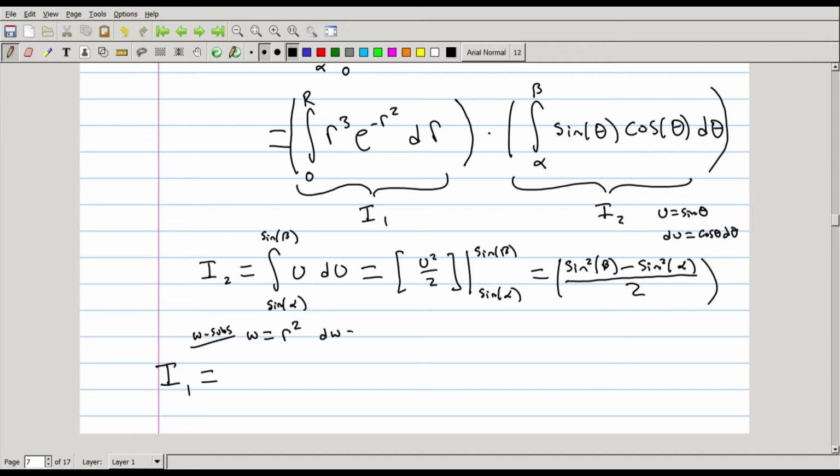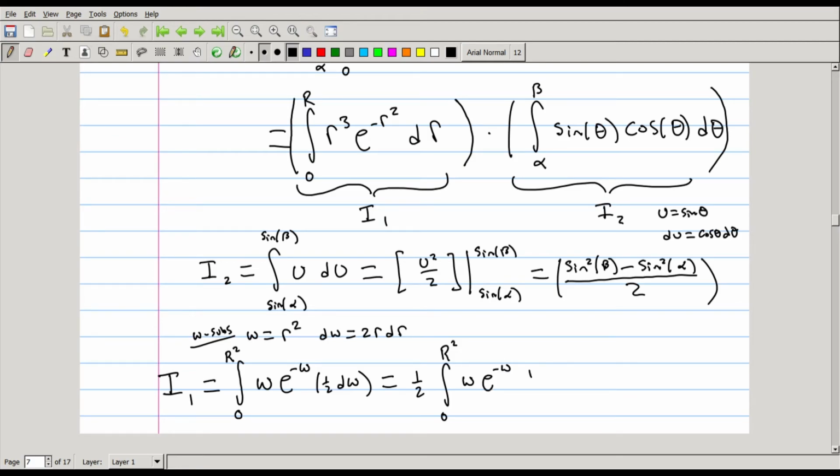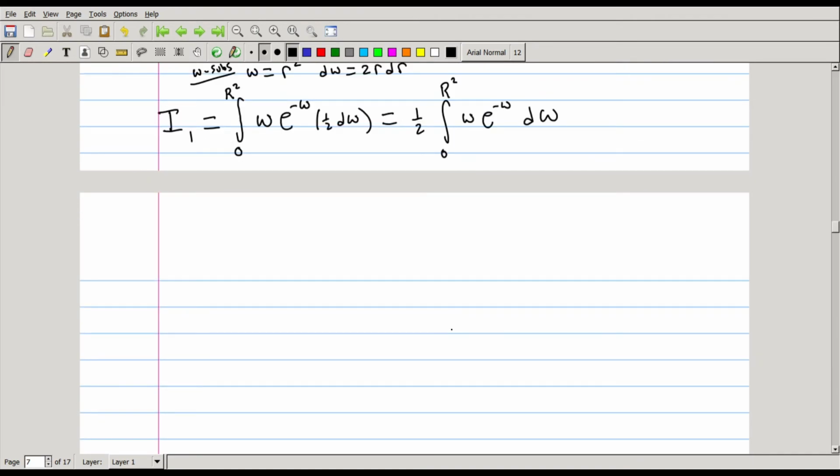So then dw is going to be equal to 2r dr. And this integral right here will become the integral from 0 to r squared of w times e to the negative w times 1/2 dw, which is the same thing as 1/2 the integral from 0 to r squared of w e to the negative w dw.